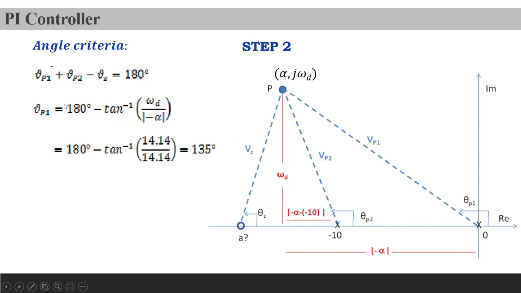So you can always figure out for P1, this would be 180 minus this angle, right? 180 minus this angle would be equal to P1, and this angle is equal to WD over alpha. And so you find the tangent inverse here, and you will finally substitute the values of omega d, which you have from the design point, right?